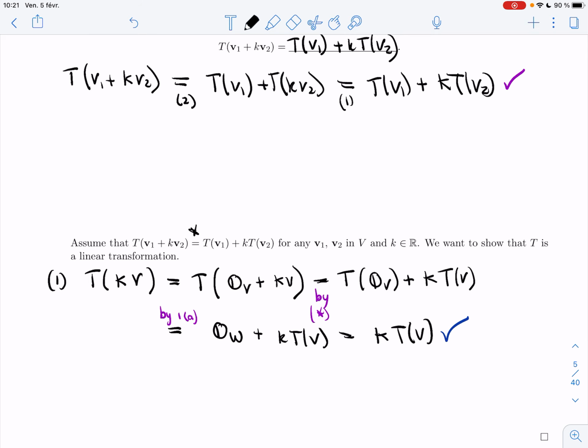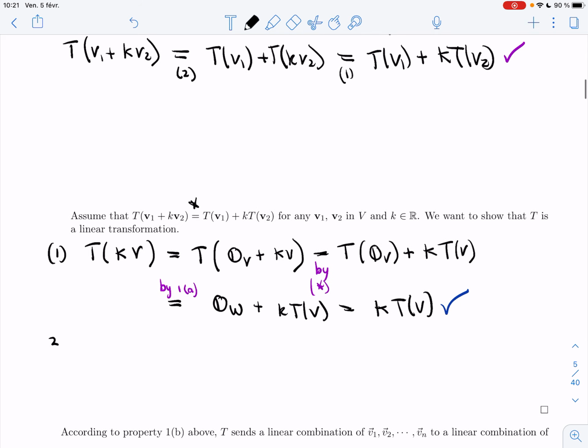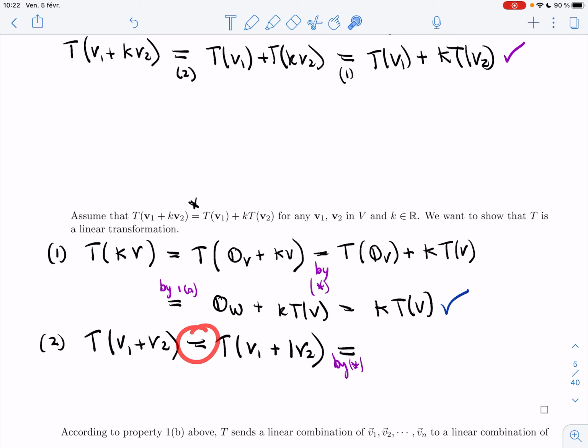All right, so that's property 1 proven, and then I'm going to look at property 2. I'm going to take a sum of two elements. I want to write it in this form so I can use the only hypothesis we have about T. So what I'll do is I'll write it as 1 times v2 instead of v2. Then by star, I'm going to be able to split it. So here really I'm using axiom 10.